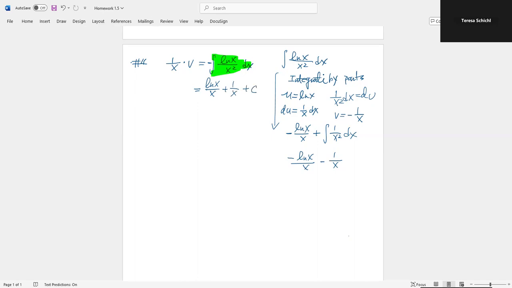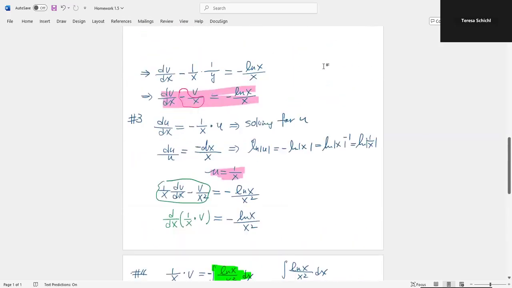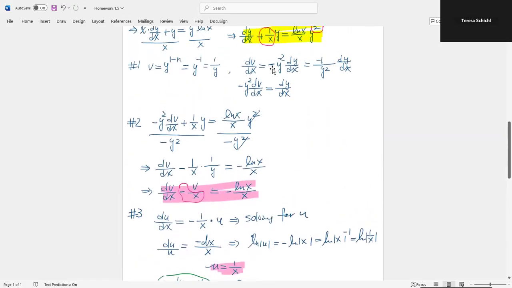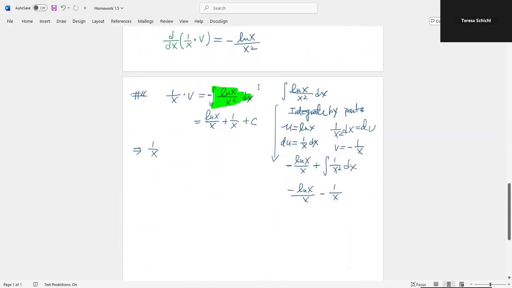On the left, 1 over x times v, and v from the previous steps is 1 over y, so 1 over y times 1 over x is equal to ln x over x plus 1 over x plus c.